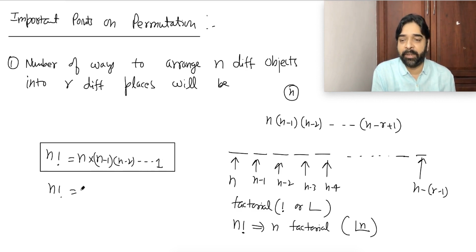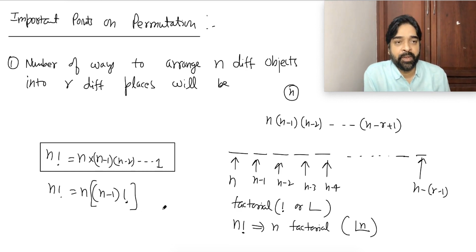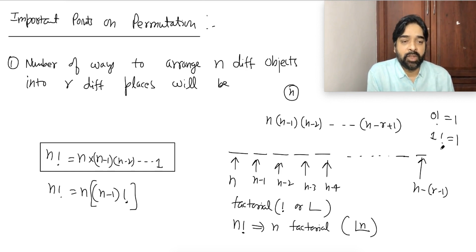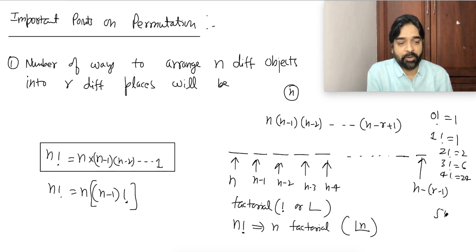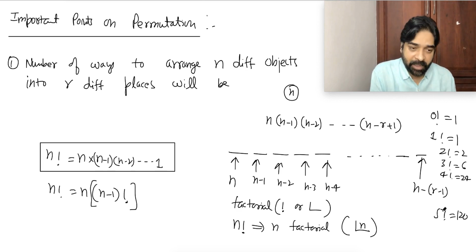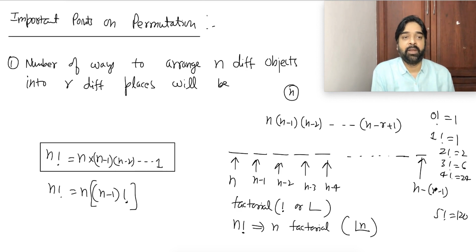So it can be written as n into n minus 1 factorial also. 0 factorial is always equal to 1. 1 factorial is also equal to 1. 2 factorial is 2. 3 factorial, how much? 3 into 2 into 1, 6. 4 factorial will be 24. 5 factorial will be equal to 120. You should remember this much. That's why I wrote it.